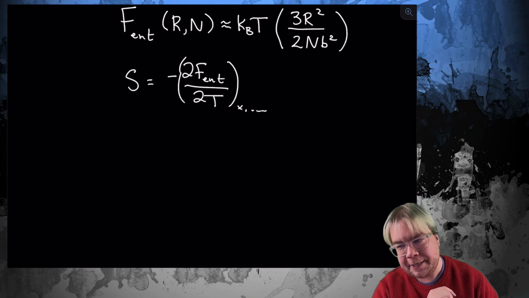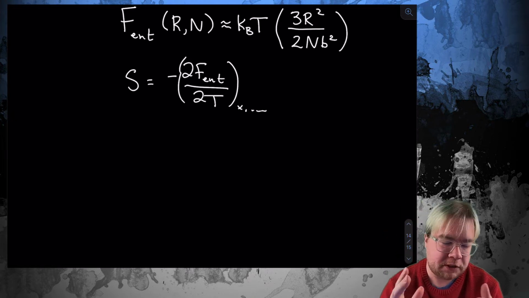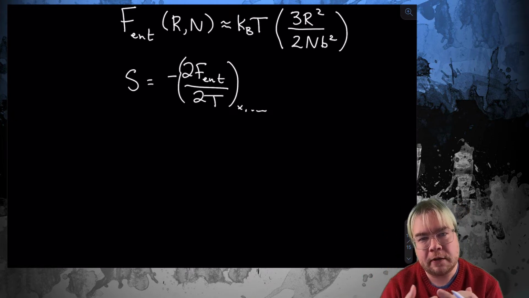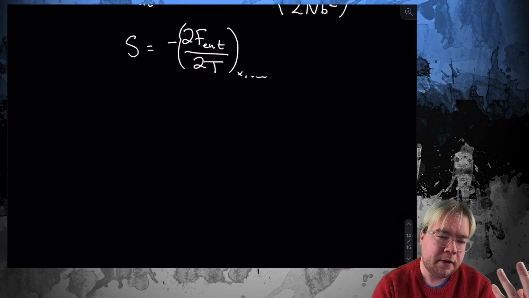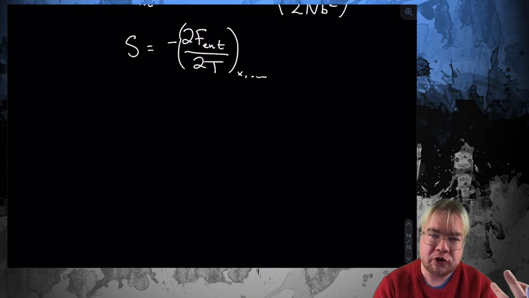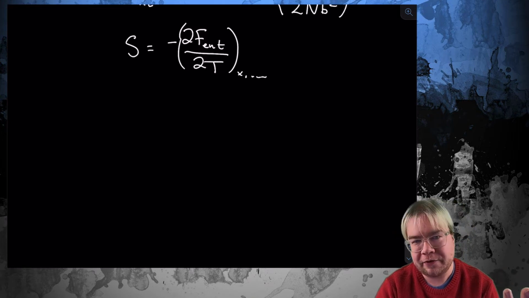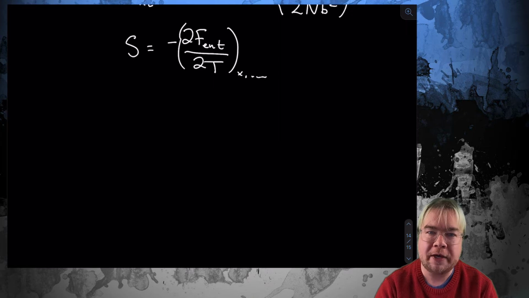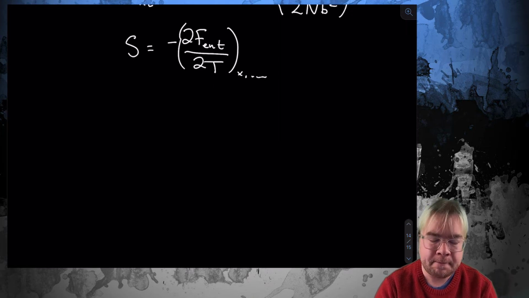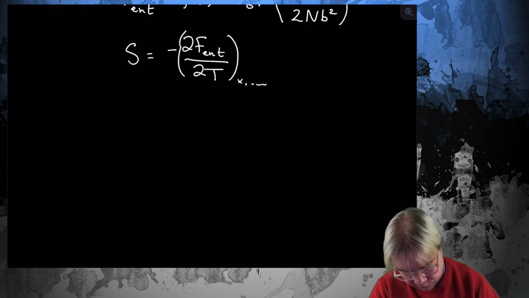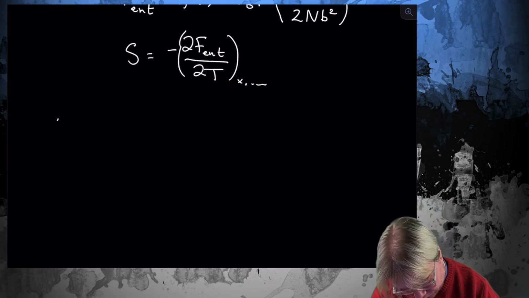So for an ideal chain, its shape is entropic in origin, and the free energy has this term that is due entirely to entropy. And we went through that derivation, right? We took a random walk and we calculated the number of microstates, and we took the natural log and so on. So that's the first concept that's going to be important for today's video.